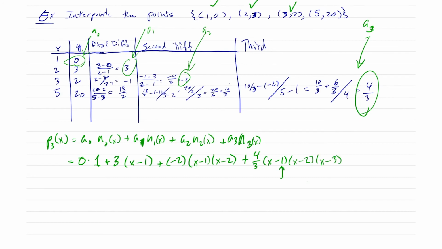This is x1, x2, and x3. Just happens to be 1, 2, 3. Okay, so now let's see if this actually gives us what we're looking for.